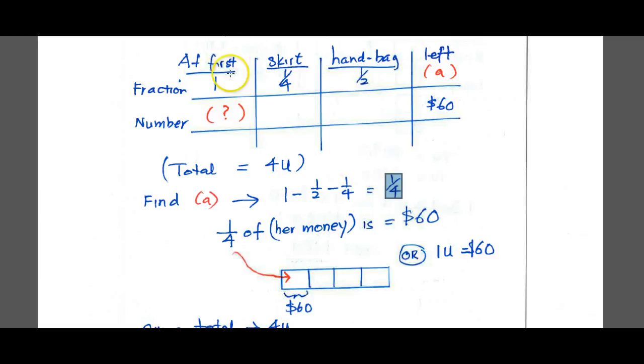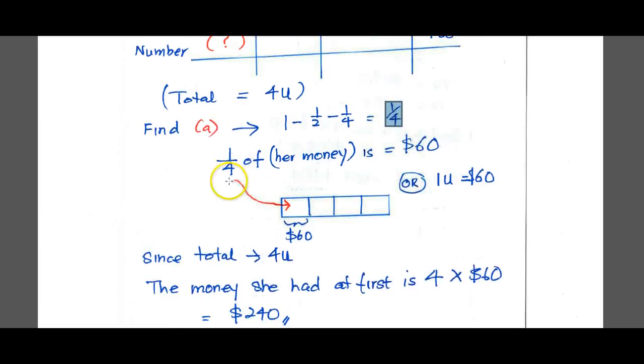So a quarter is $60, or 1 U is $60. You see, 1 quarter out of this 4, 1 quarter is $60. This 4 U here is the amount of money she has. You can see the total she has is 4 U.